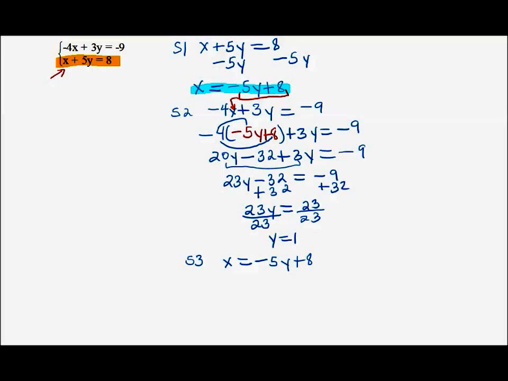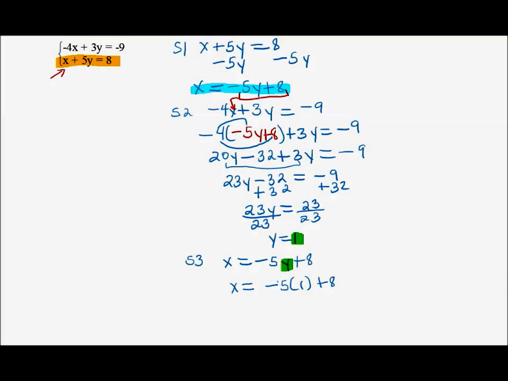And it tells me to take the value that I found in step 2. In step 2, I came up with y is equal to 1. And I'll substitute that into my step 3. So that leaves me with x equals negative 5 times 1 plus 8.